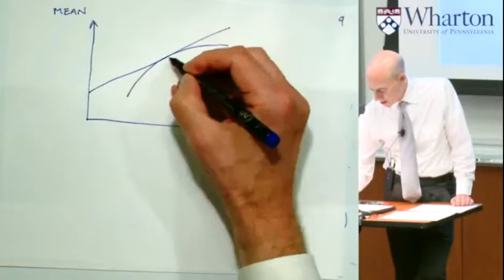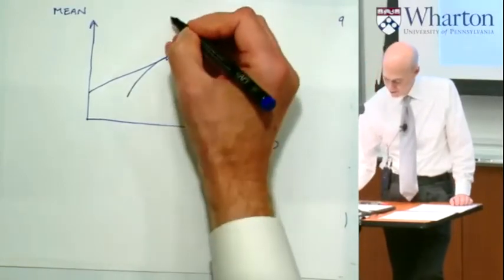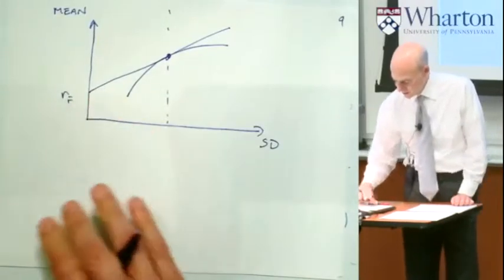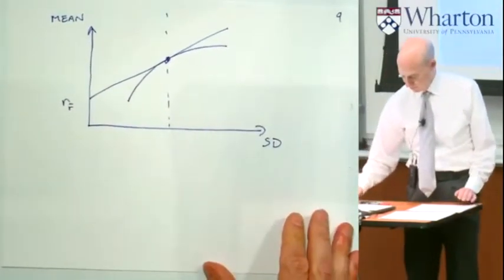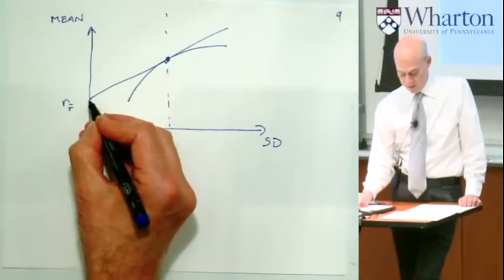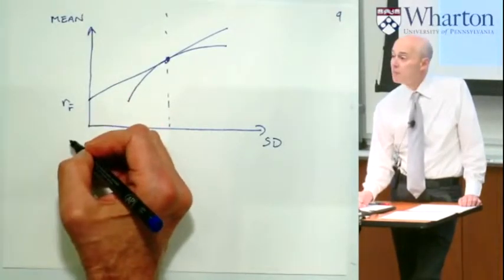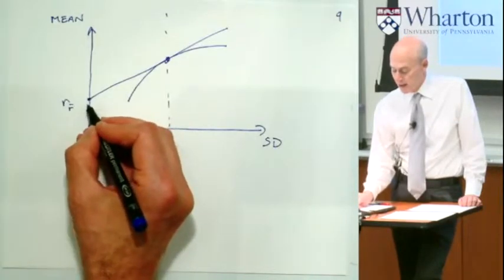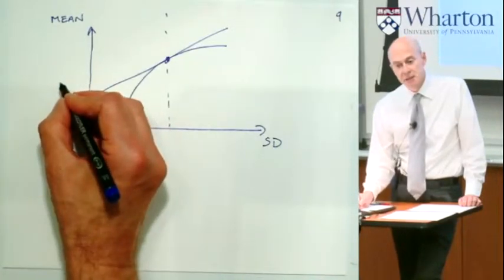We've got our tangency point like that. This is the risk-free. What is pi down here? If you've got all your money in RF, we know that pi is 0.